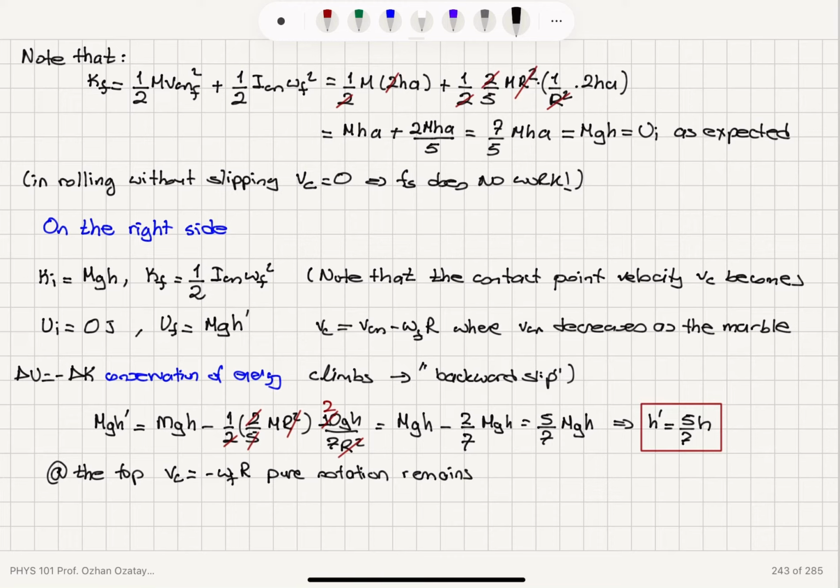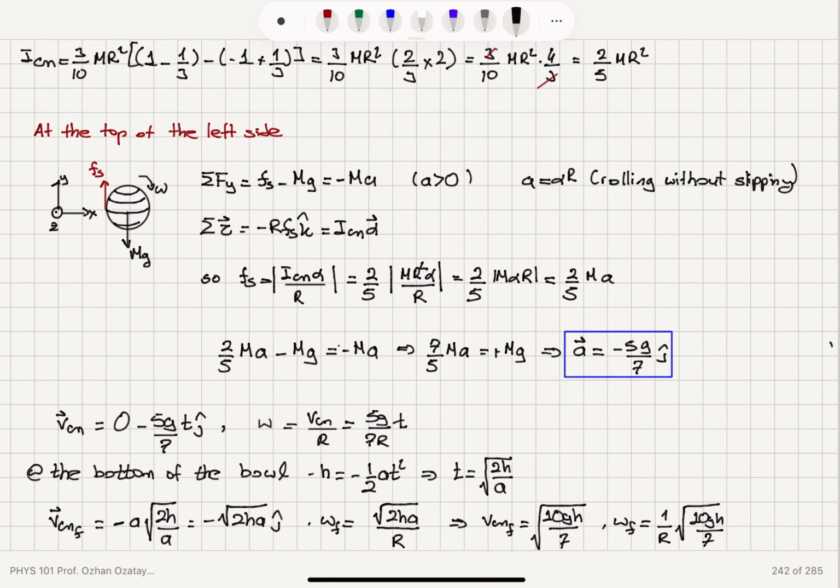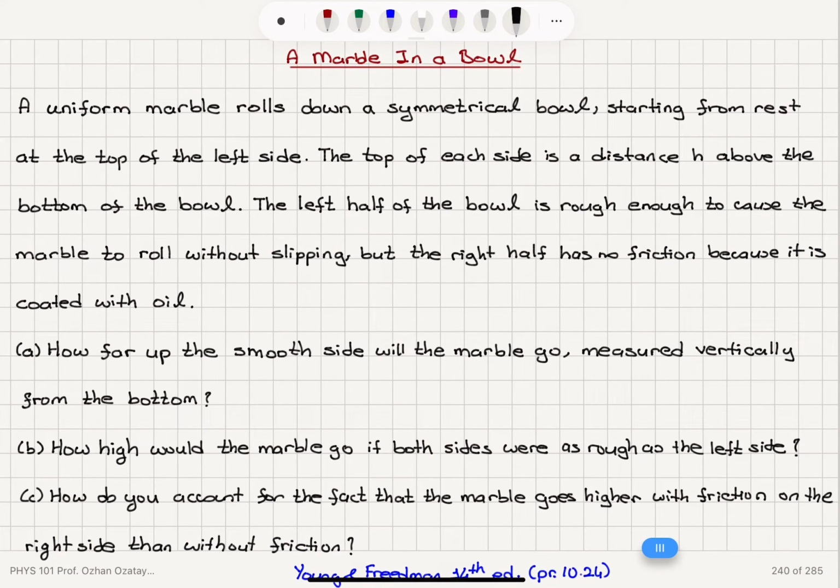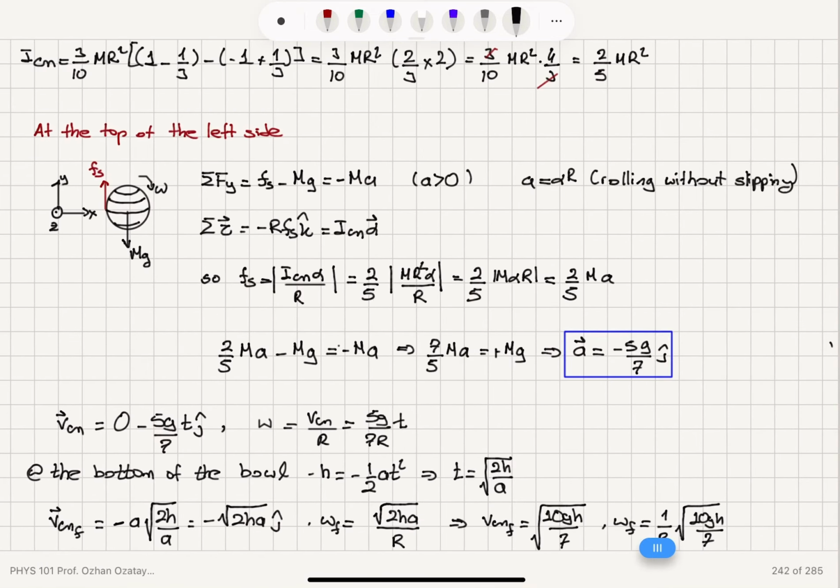Okay. Now part B asks me, how high would the marble go if both sides were as rough as the left side?